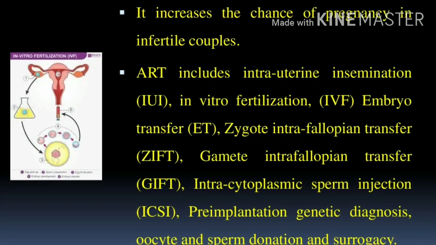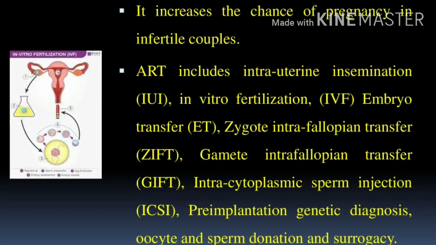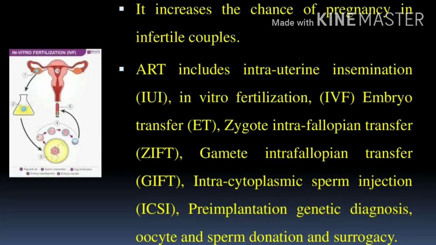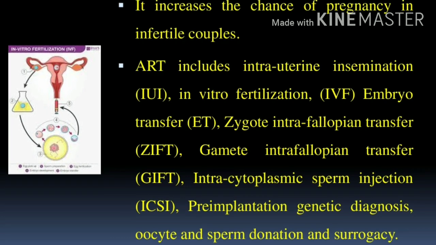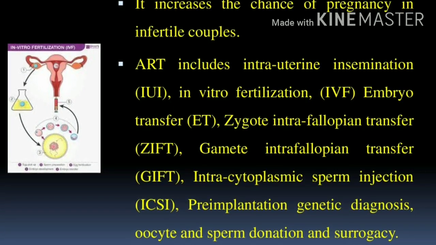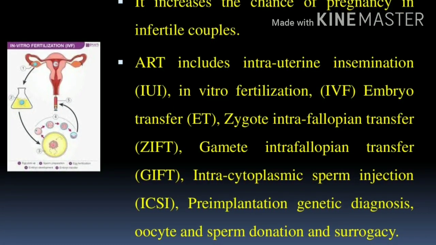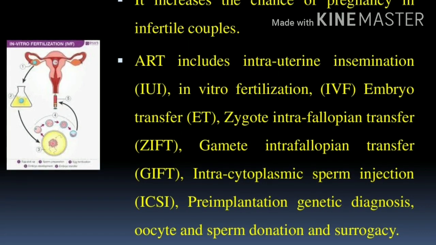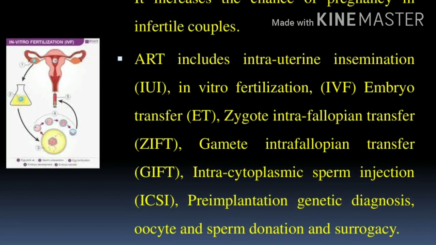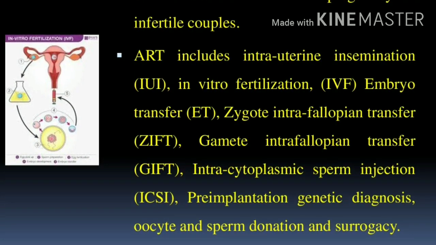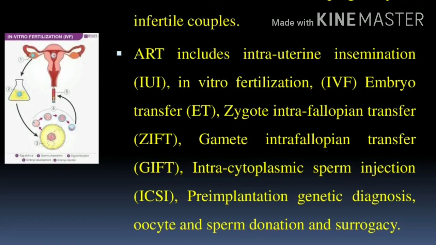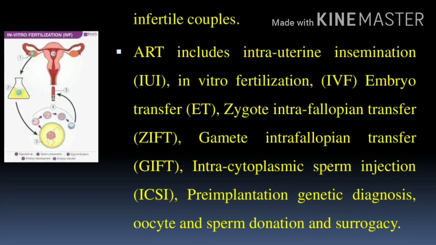Next is ICSI, intracytoplasmic sperm injection. Next is preimplantation genetic diagnosis, and oocyte and sperm donations. Next is surrogacy. So in this topic we clearly study these techniques, and the principle and procedures they use, handling things outside the body to achieve pregnancy.